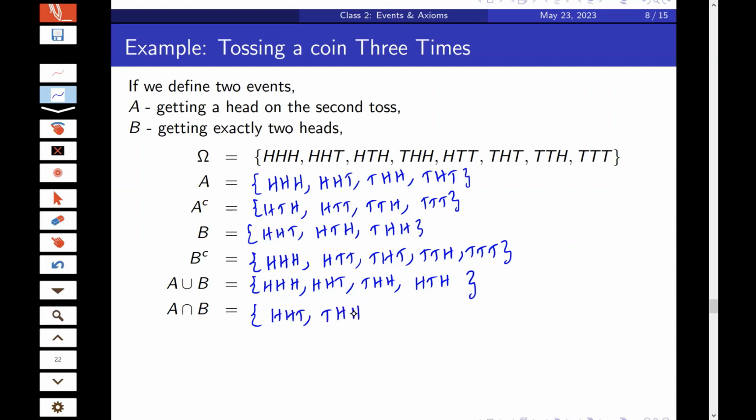So these are the common items, only two common items for A intersection B.